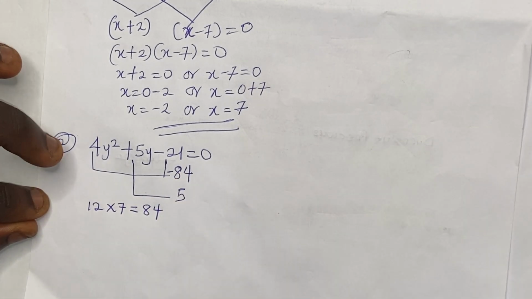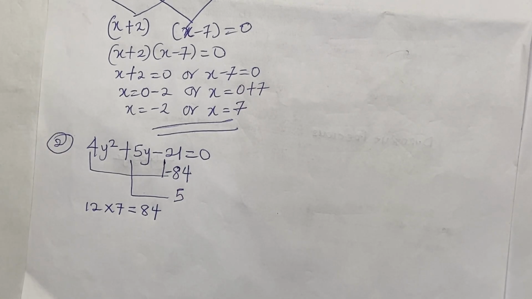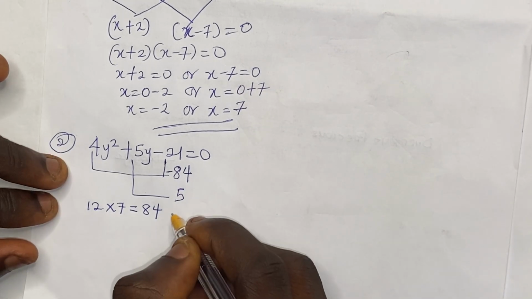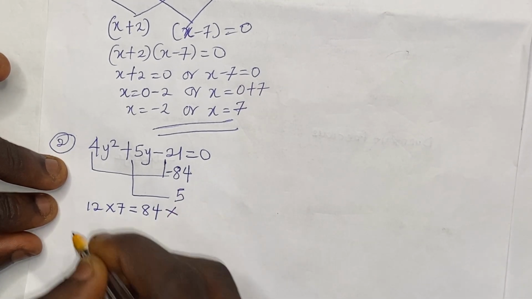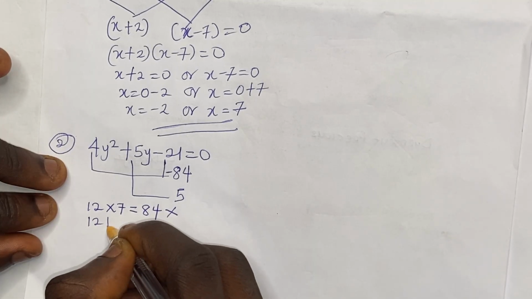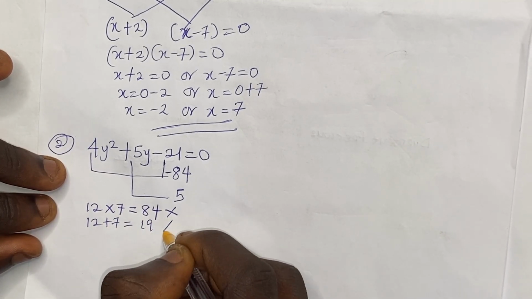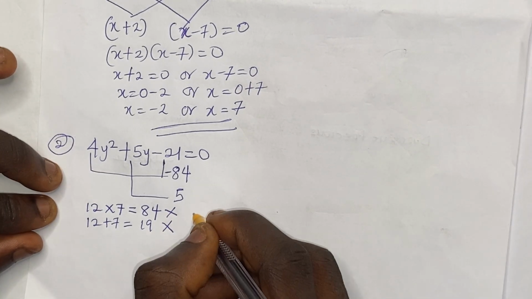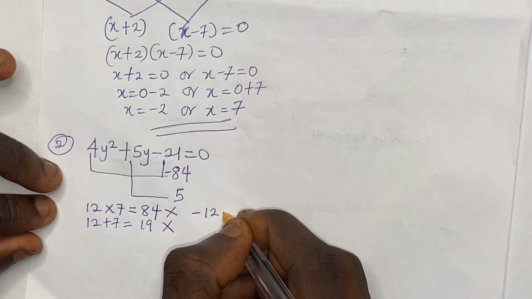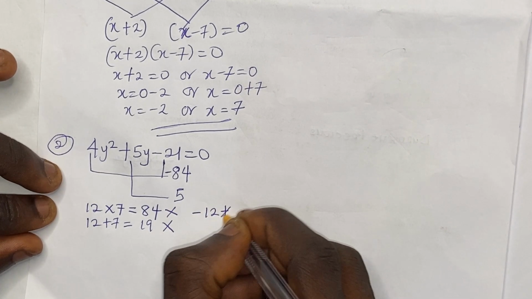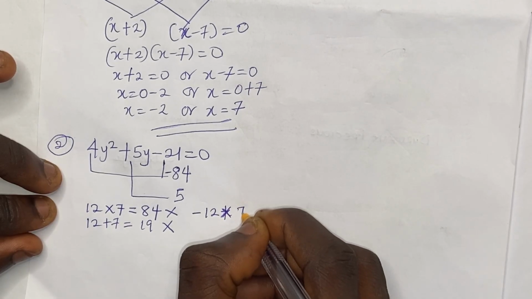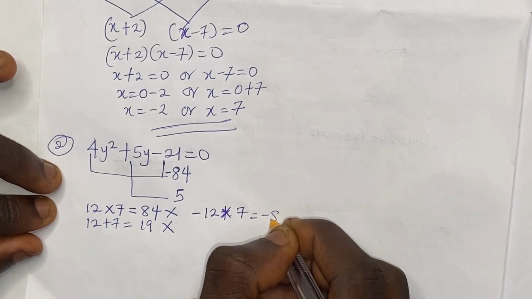But I need minus 84. So I will change the sign. I know that this cannot go, because 12 plus 7 is 19. So let's change the sign to minus 12 times 7. That will give us minus 84.